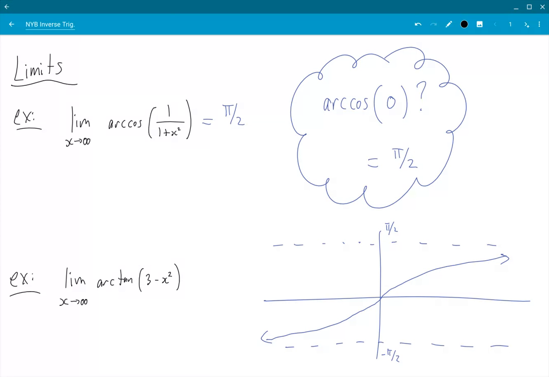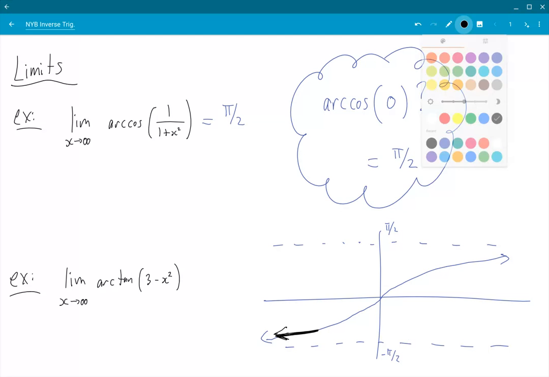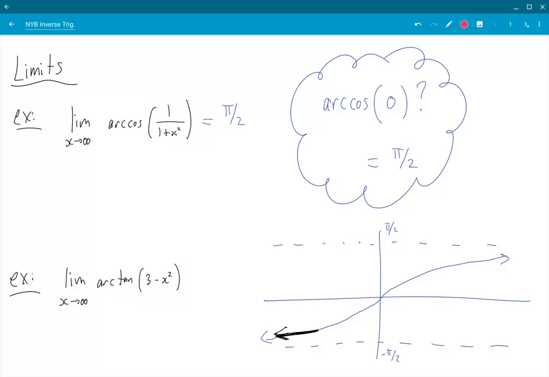So I'm asking what's happening when I go along arctan way to the left. What am I approaching? Well, I'm approaching this minus pi over 2 here. The graph of arctan is especially important in this class. It seems to come up over and over again.